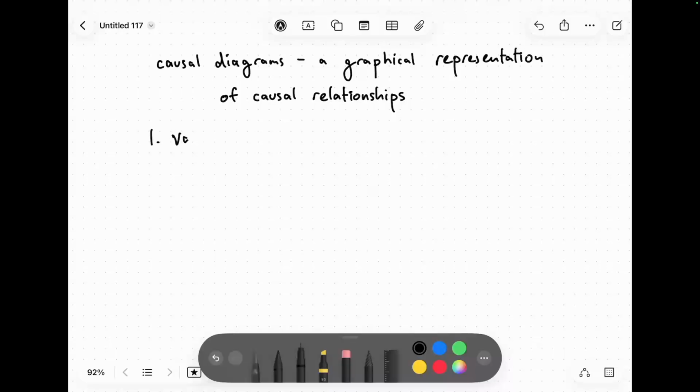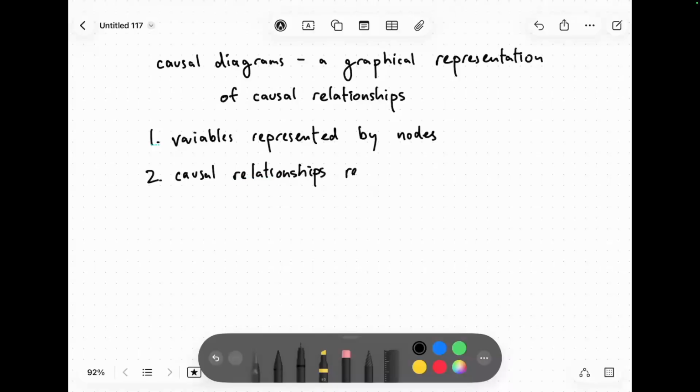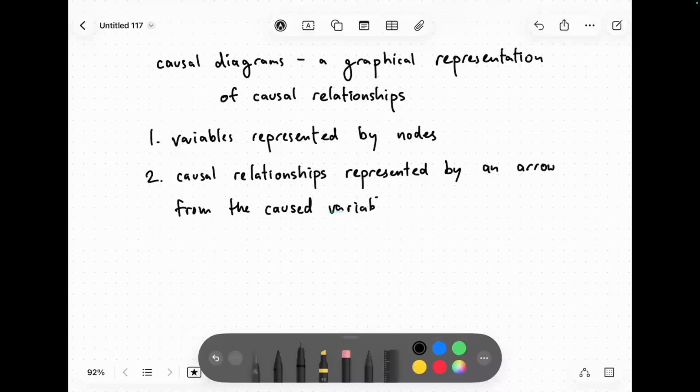So you have variables represented by nodes, and you have causal relationships represented by an arrow from the cause variable to the caused variable.